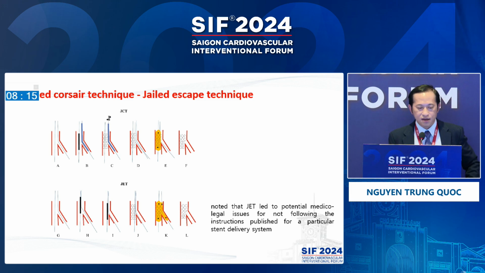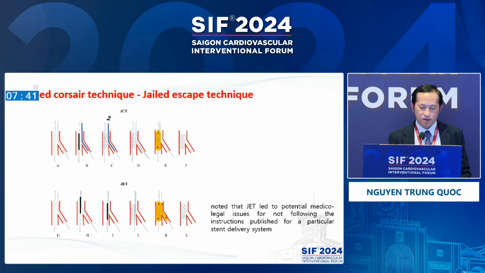The other technique is the jailed Corsair technique. We use the Corsair in the side branch, then deploy the stent in the main branch, rewire the side branch, then post-dilatation. In the jailed Crusade technique, they put the wire between the stent and balloon before deploying.